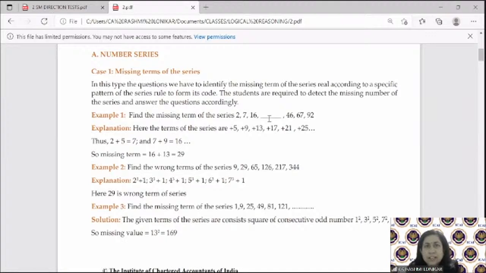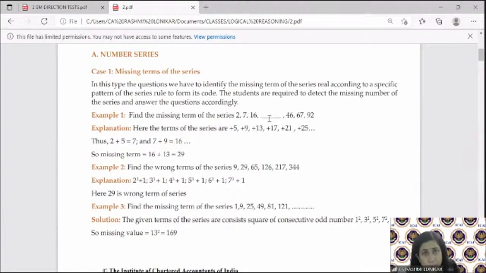Normal tables, 8, 9 tables we know, but if you know the tables of all your prime numbers, so what are prime numbers? 2, 3, 5, 7, 9, 11, 13, 17, 19. If you know those, it will be helpful to you.